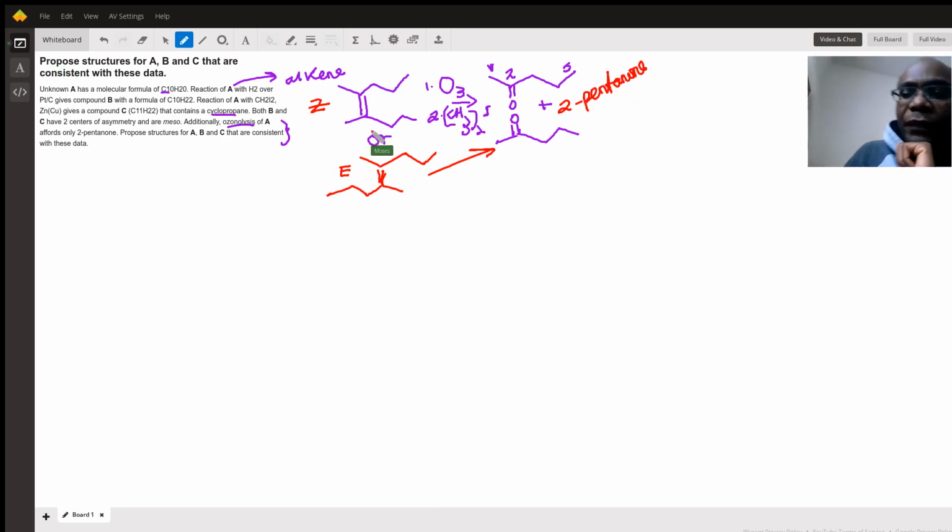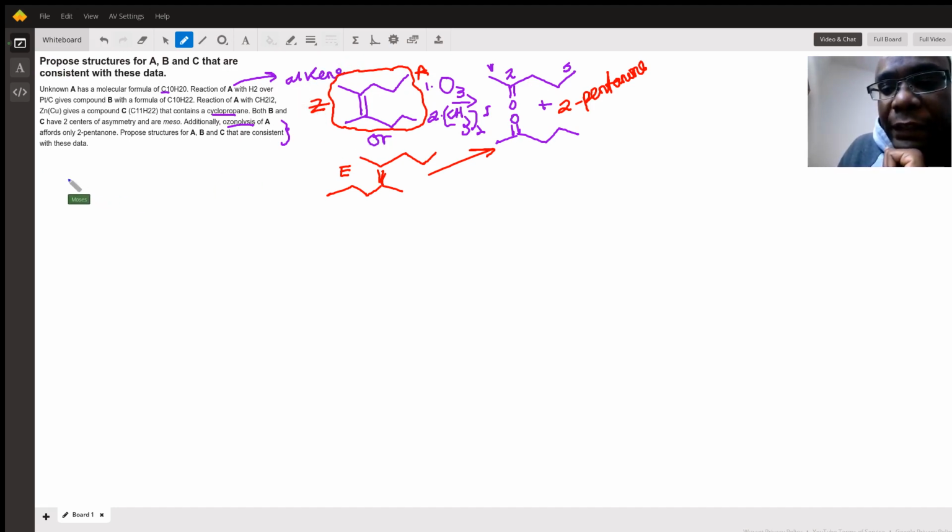So let me use this one to see if it's going to answer the question. I'm assuming this will be the structure of A that gives me the pentanone. So we are working backwards.